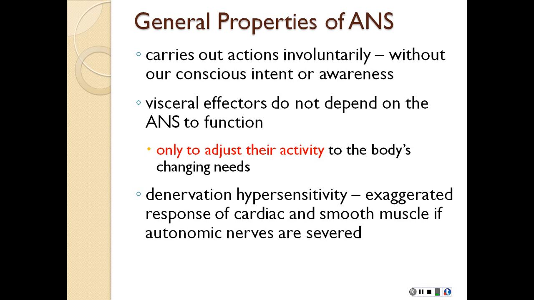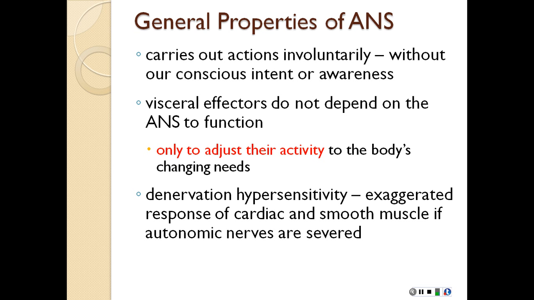And an example of that is denervation, that just means cutting the nerve supply to the organs. And what happens when you cut the autonomic nervous system nerve supply to these effectors? It causes hypersensitivity. So that is an exaggerated response of cardiac and smooth muscle if the ANS nerves are severed.